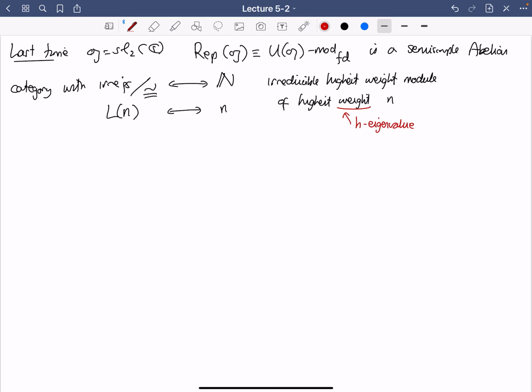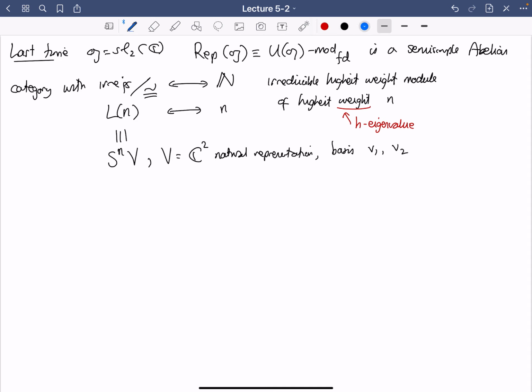Let me see, we had also identified L of n. We'd given a kind of natural realization of that irreducible. We did it in two different ways. One was as a quotient of those Verma modules, but maybe more natural is to get it as the nth symmetric power, where V here is the defining two-dimensional representation, the natural representation. If you remember, for the V, I just had the standard basis V1 and V2 for that guy.